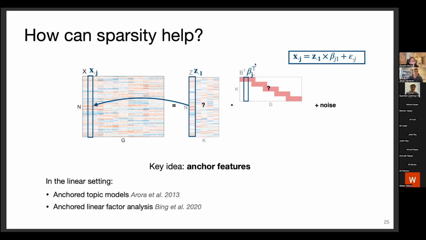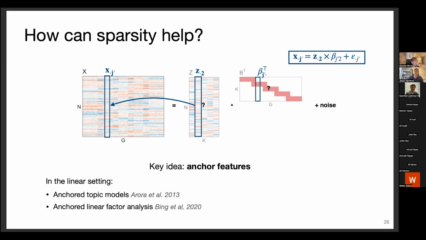If we can find these proxies in our data matrix, then we're anchoring to those proxies, and then we can learn the structure from there. This idea of anchors has shown up in topic modeling for bag of words representations of text, and more recently in linear factor analysis in this Bing et al. paper from the Annals of Statistics.